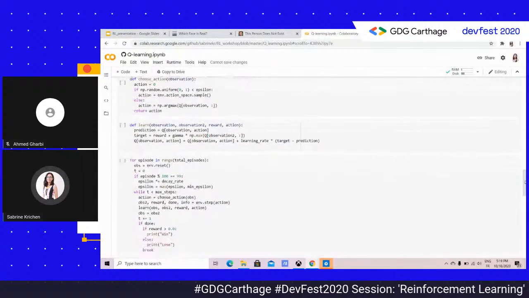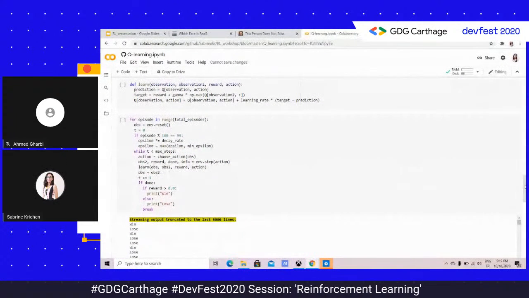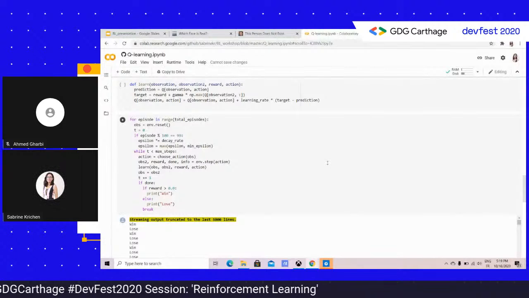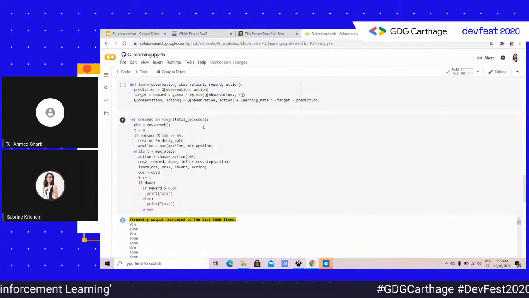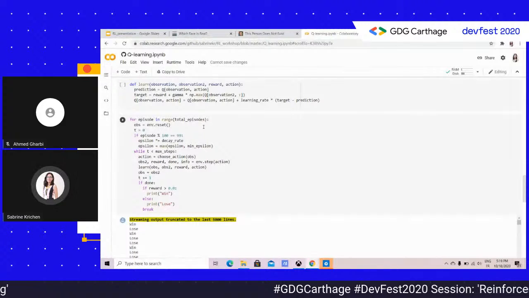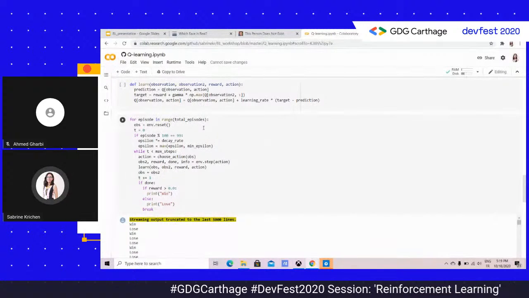And now the agent will start to learn and to do the training using the Q-learning algorithm.